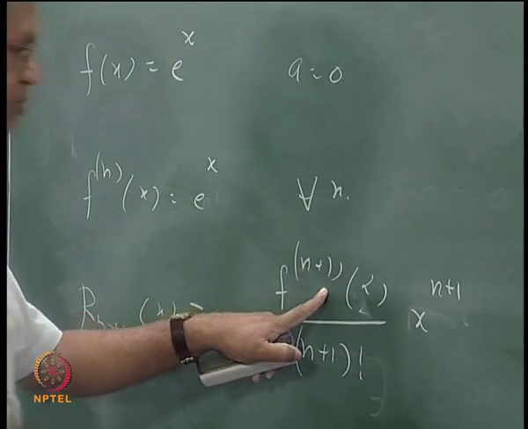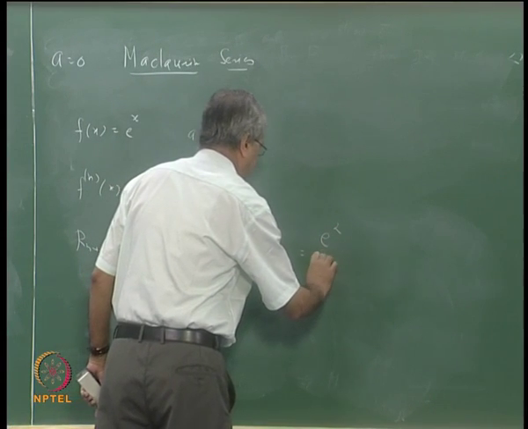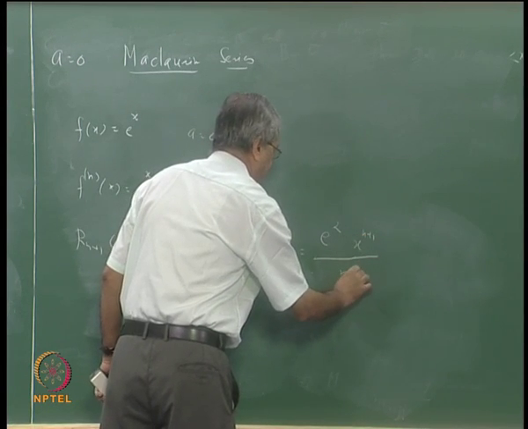So this is nothing but e to the power alpha multiplied by x to the power n+1 divided by (n+1) factorial.